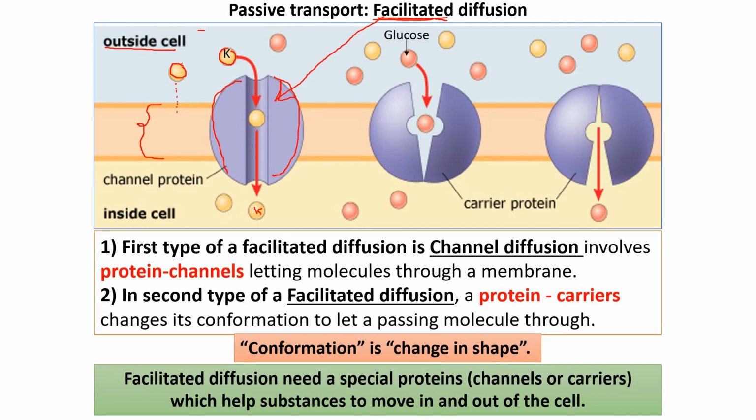In this case, we have a high concentration of potassium outside of the cell, and we have a low concentration of potassium inside of the cell. Because of this, potassium will move passively from the area of high concentration outside of the cell through the transmembrane proteins into the area inside of the cell where there is a low concentration of potassium.